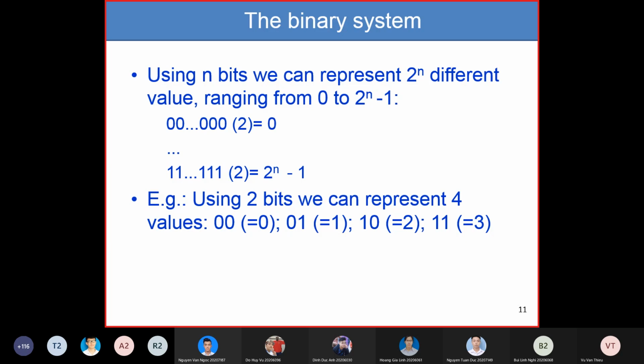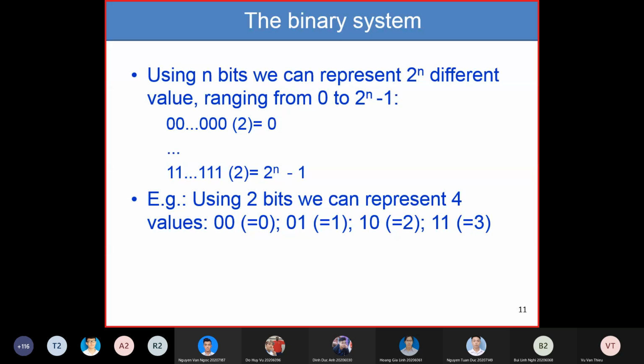Okay, so another example, as I saw in the meeting chat. When we use n equal to 3 bits, we can represent 2 to the power 3 numbers, right?